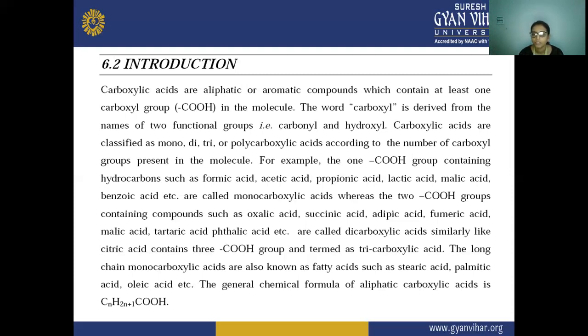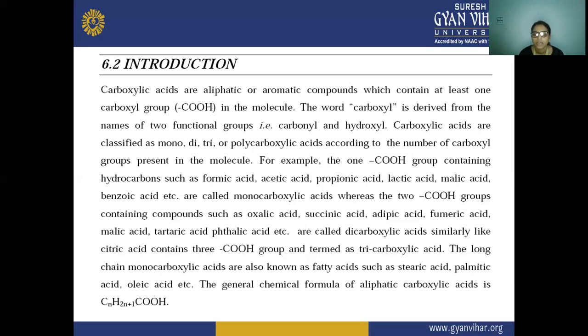For example, hydrocarbons containing one COOH group, such as formic acid. If one carboxylic group is present in an aliphatic compound or chain, then that hydrocarbon is known as formic acid, acetic acid, propanoic acid, lactic acid, or malic acid, and in the case of an aromatic compound, it is known as benzoic acid.